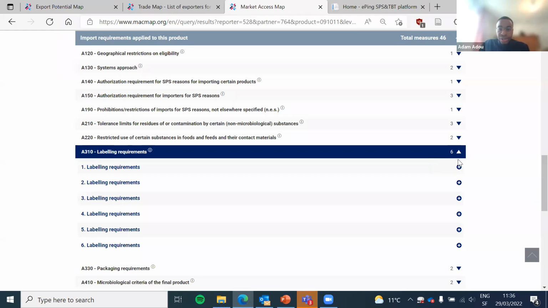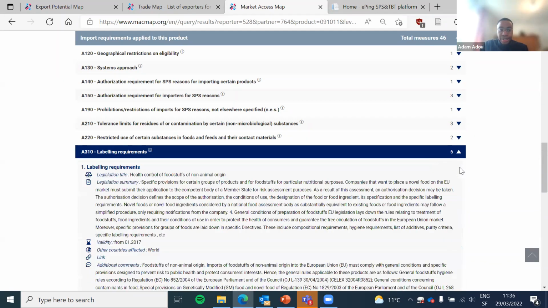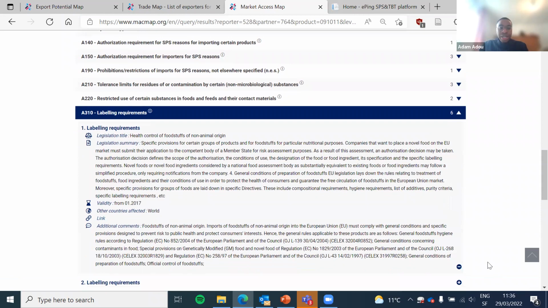So here, you click here to have more details. And what you will get is fantastic: you will get the name of the legislation concerned by this requirement first, an explanation about the legislation, the goal, the objective, from when it entered into force, and if there are other countries affected by the same legislation as yours.